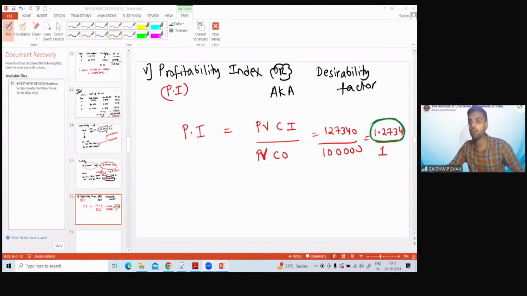Are you getting this? On 1 rupee of investment, my project is earning 1.2734 rupees, but in present value terms. Correct?